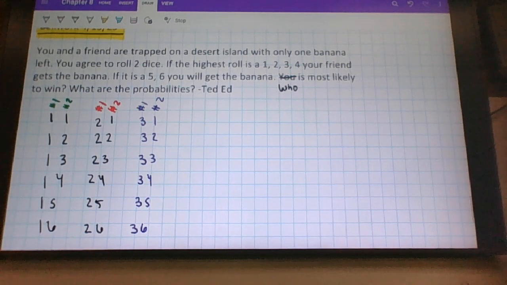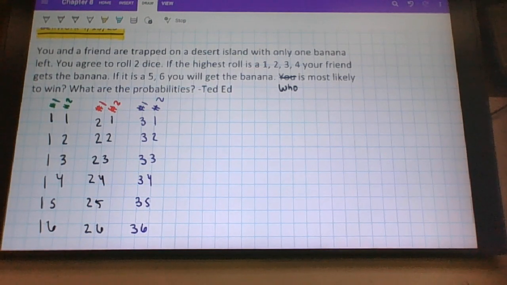Okay, Ashley did the tree diagram, which I love for this as well. So your first dice could be 1, 2, 3, 4, 5, or 6. The second die, if you go to 1, it could be anything between 1, 2, 3, 4, 5, or 6.